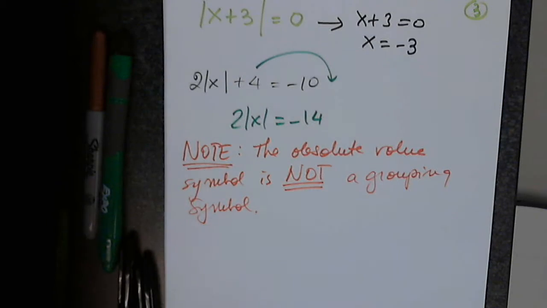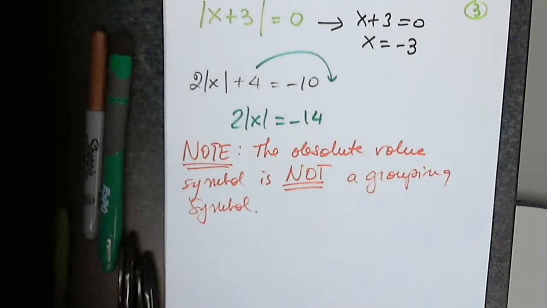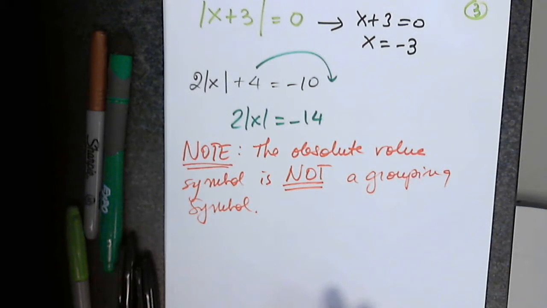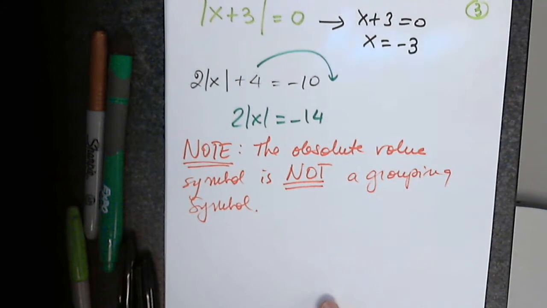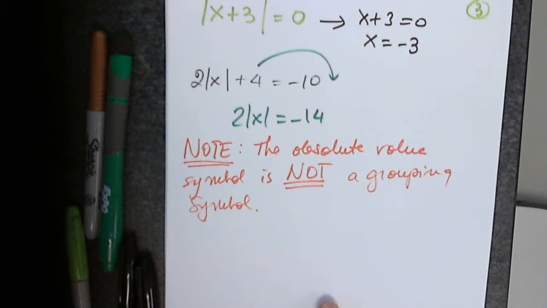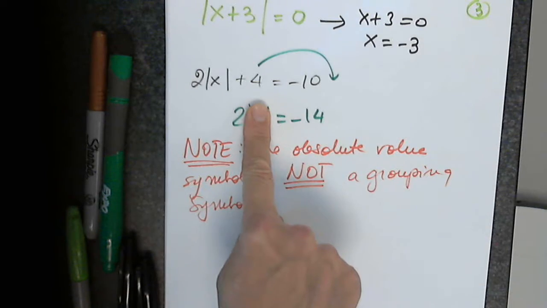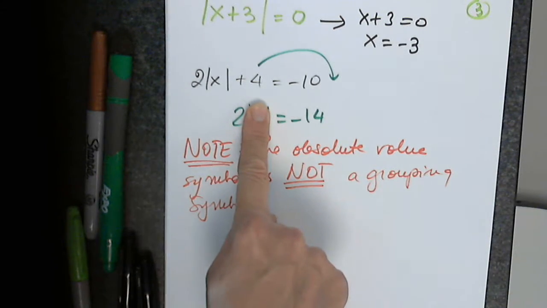The absolute value symbol, these two bars, is not a grouping symbol, therefore it cannot be treated as a grouping symbol. What does that mean? You cannot distribute anything inside, you cannot take anything outside from the absolute value. You cannot touch it. This is untouchable. You cannot put anything in, you cannot take anything out.